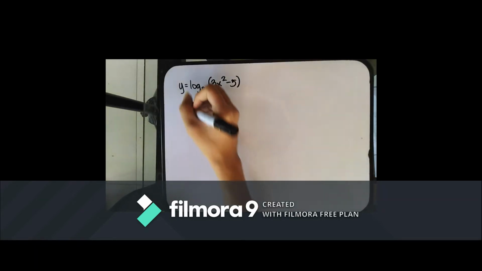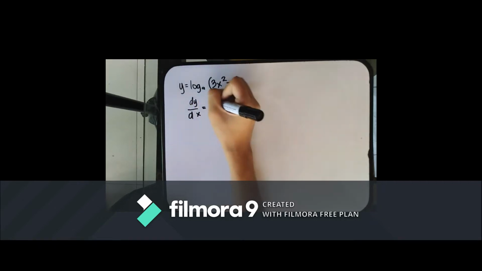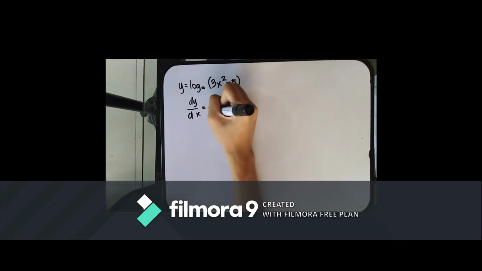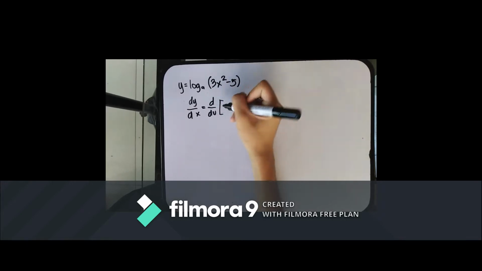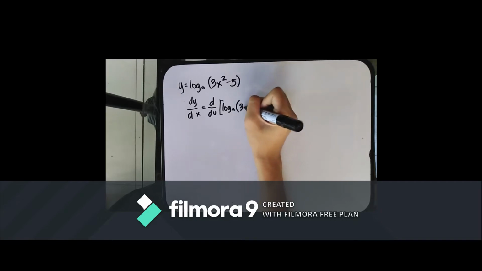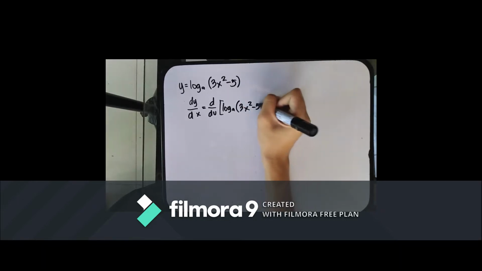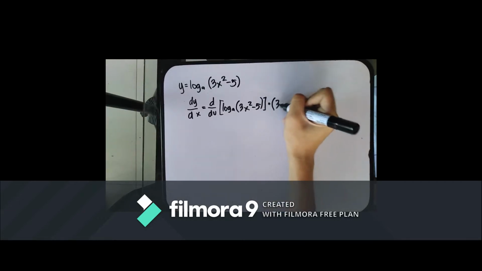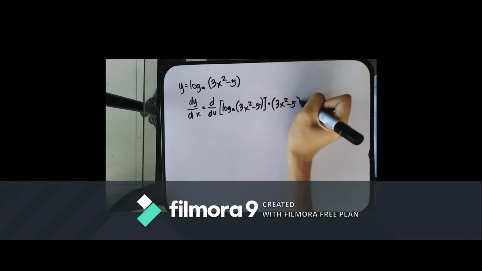So here's another example of log. y equals log a of 3x squared minus 5. So the dy over dx here is equal to d over du of log a u times d over dx of 3x squared minus 5.